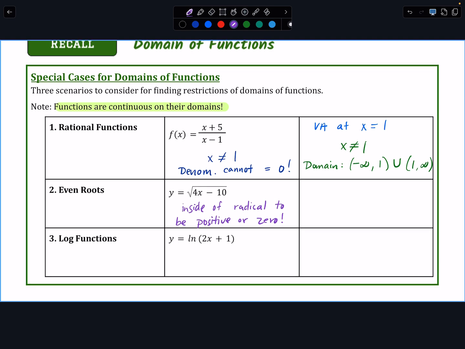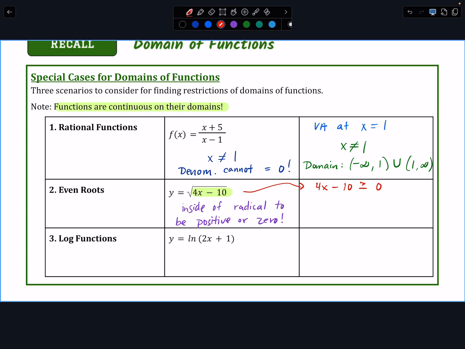So that means that whatever's on the inside, you're going to set it what? But how do we say we want something to be positive? We want it to be what? Bigger or smaller? Bigger than or equal to 0 and then solve.